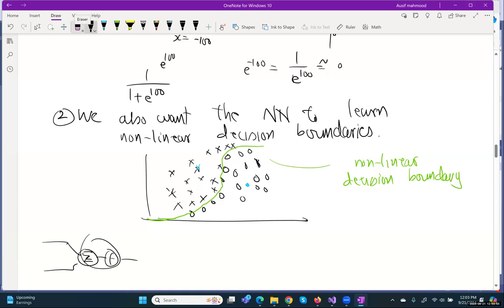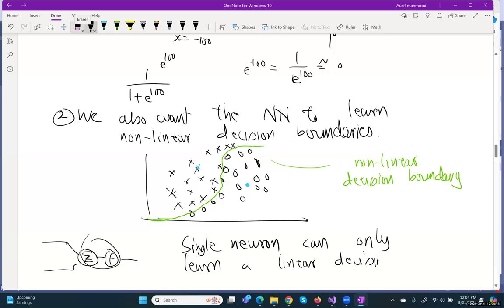You train it for different data or this data, whatever it looks like. What you will discover is a single neuron can only learn a linear decision boundary. It is incapable of learning a curvature.